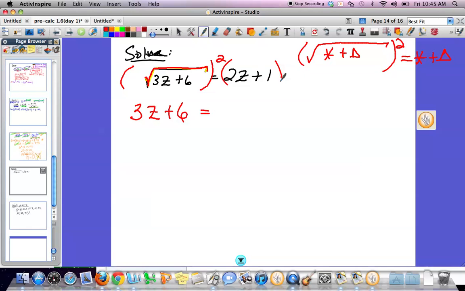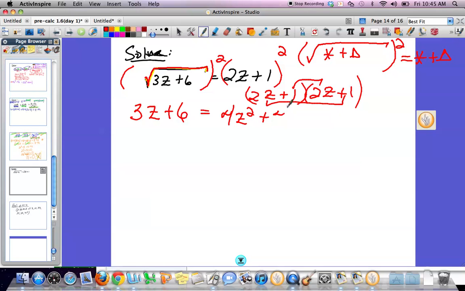But on the right side, it's a little bit harder. I still hope you can do FOIL in your head, but if you can't, it's not a knock against you. Then you just rewrite it, and you do FOIL. So you're going to have 4z squared. Outside is 2z, inside is 2z, so that's 4z plus 1.